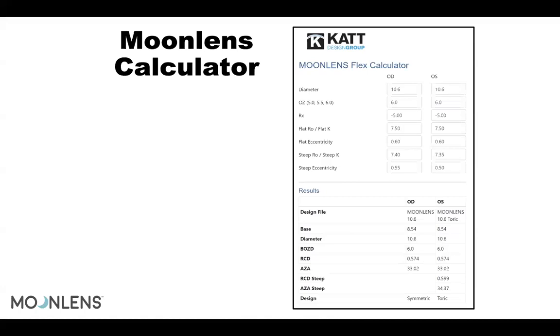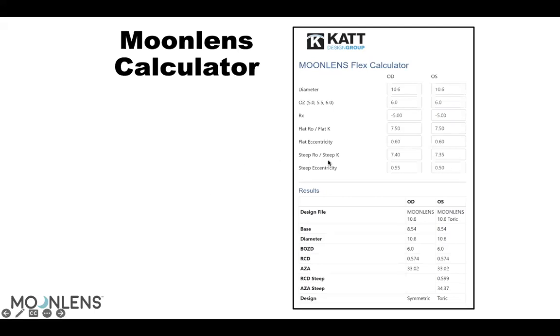But if you don't, just adding a quarter of a diopter to the flattest K is going to be a good measurement for that data that is required. But if you want to just put flat K, you can just put the flat K.